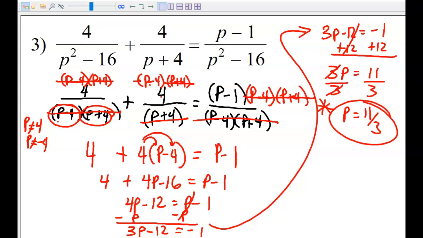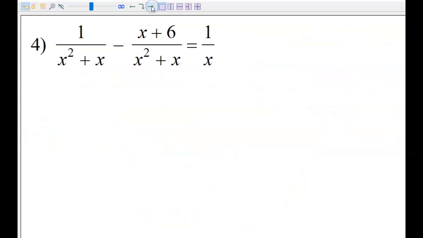All right, let's move on to another one. More of the same stuff here. I would encourage you guys to try this one on your own if you haven't already. But we're going to start by factoring the bottoms, just like on the last problem.